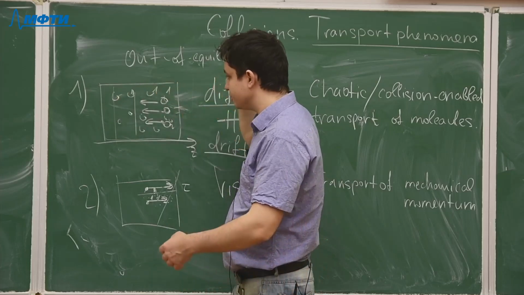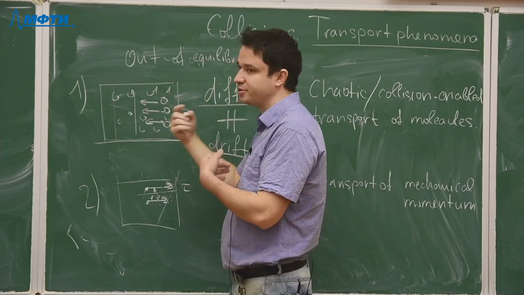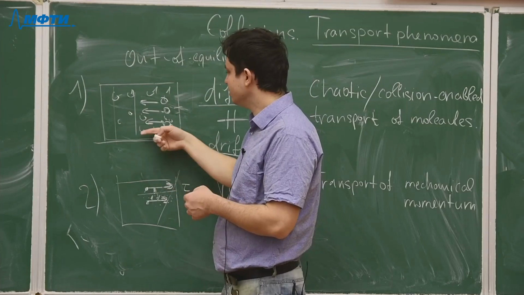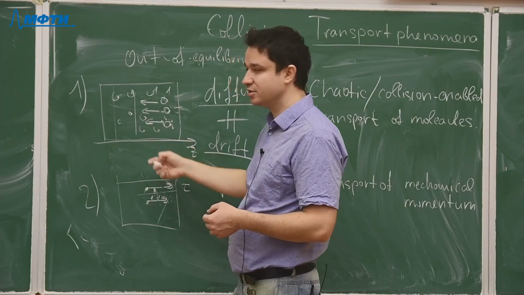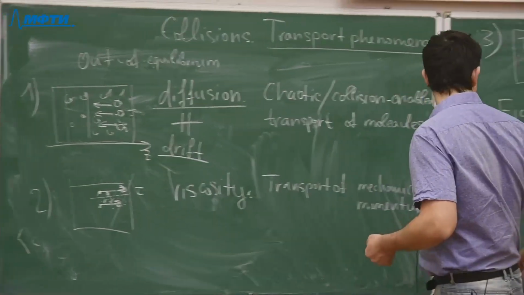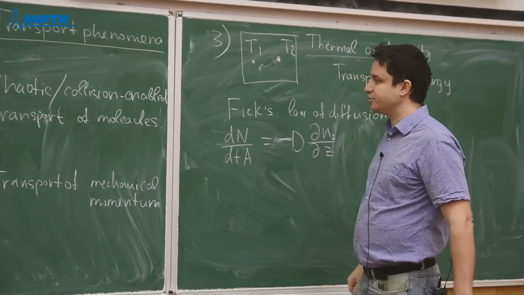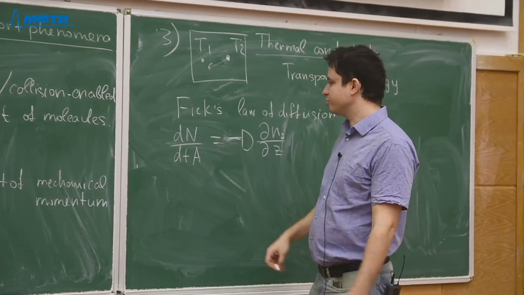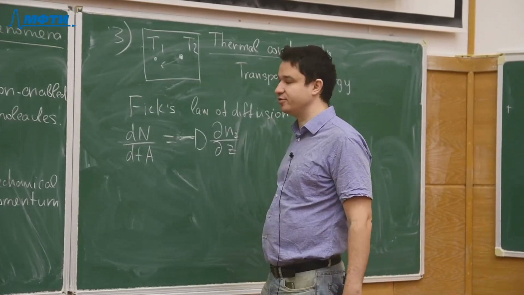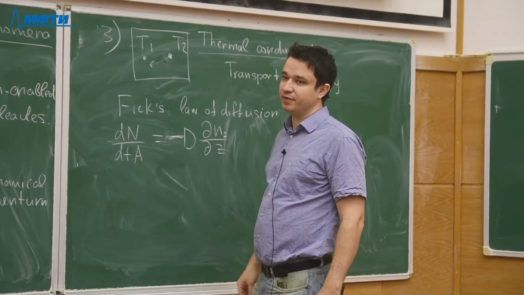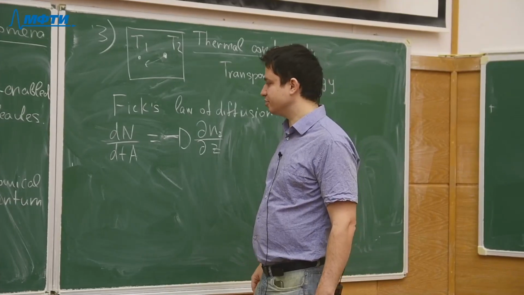So that means that the flow of molecules is directed in the opposite direction to the z-axis. So as you see, that leads to this minus sign. So it just says that actually the flow of the molecules is proportional to the derivative of the concentration over the z coordinate.